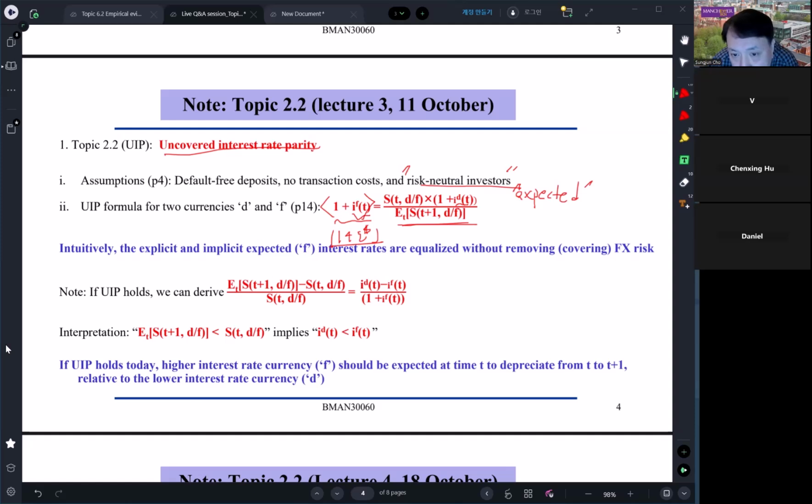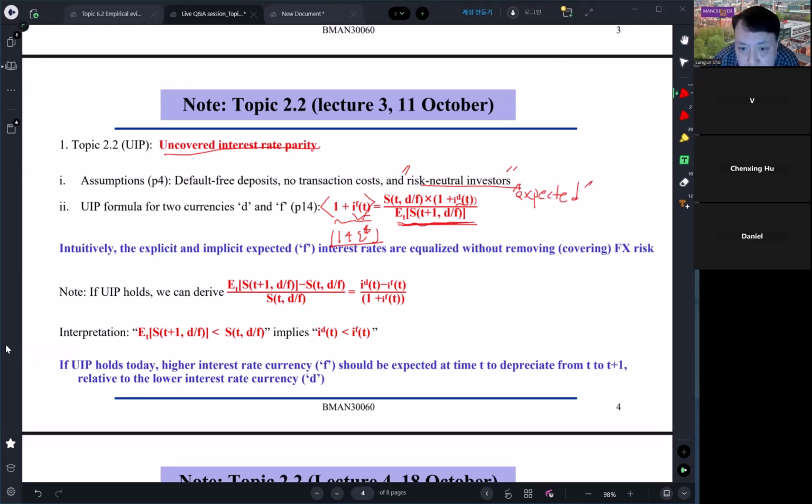After one period, you convert the D amount back into F using the mean forecast of the future exchange rate. Previously in CIP, we had the forward price here, so you could fix the future exchange rate by using a forward contract available today. Instead of doing that here, we use the mean forecast, and we compute the expected return from this strategy.